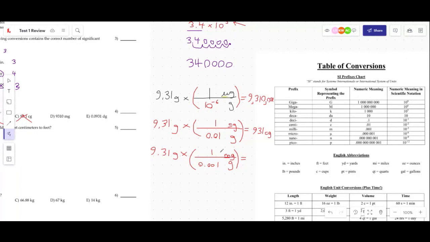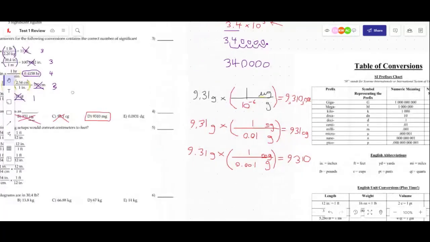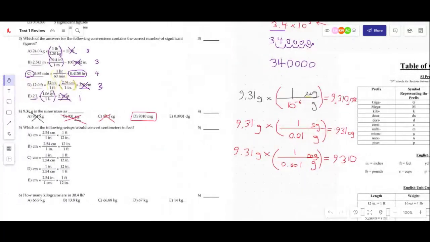But you could put 1,000 milligrams on top and 1 gram on bottom, and that would give you the same answer. It's going to be 9,310. Well, this is great because that is exactly what this is, 9,310. So it matches. So that is what 9.31 grams is equal to.